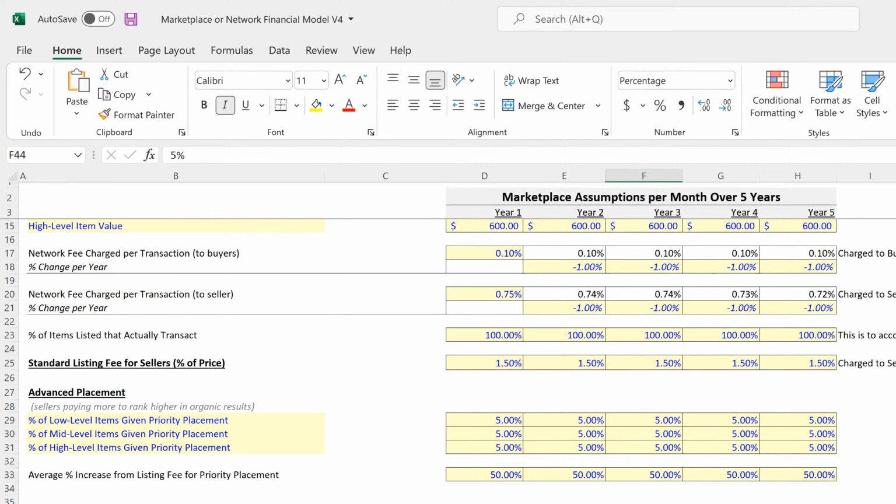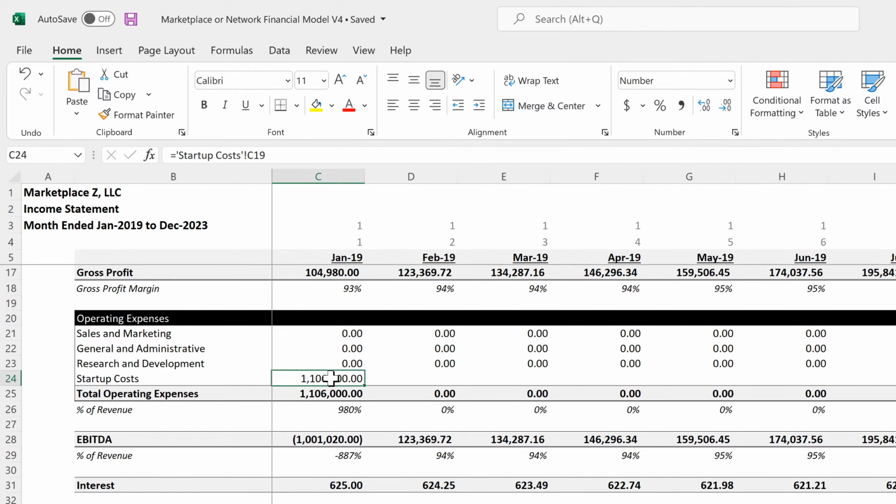Okay. Gross profit. It's fine. Now we're going to roll up the main category expenses as well as startup costs.